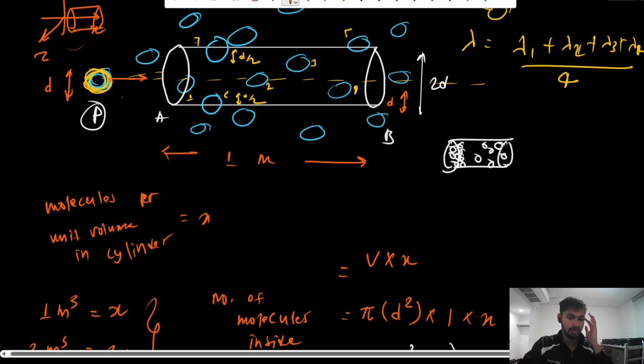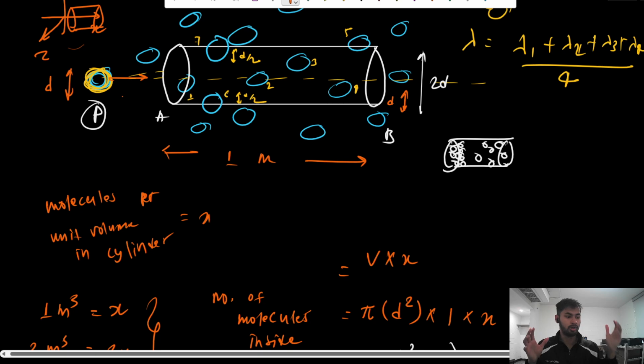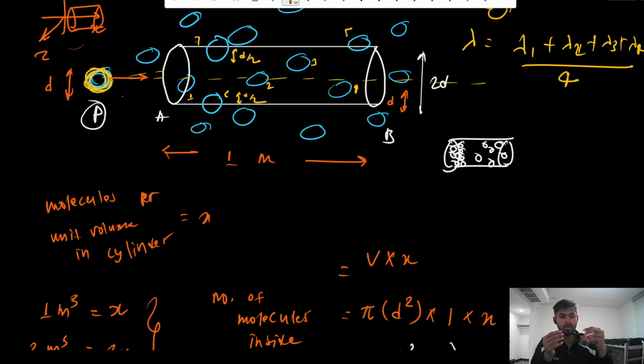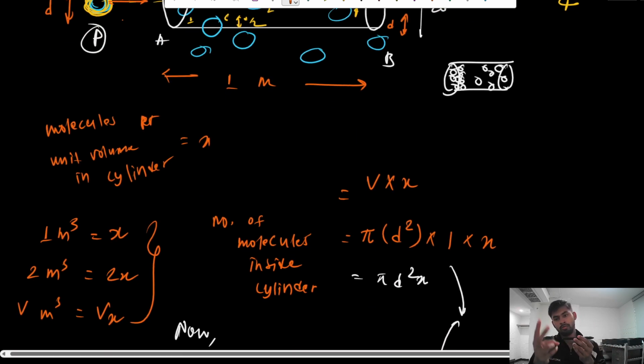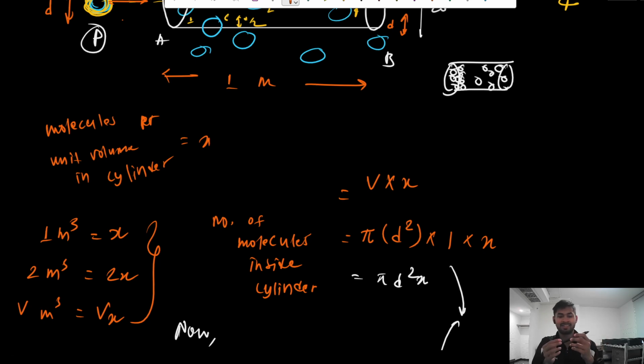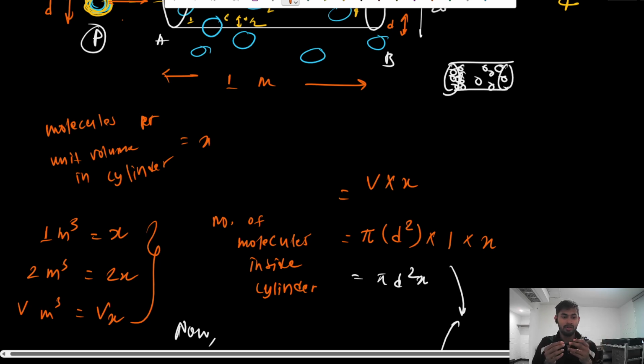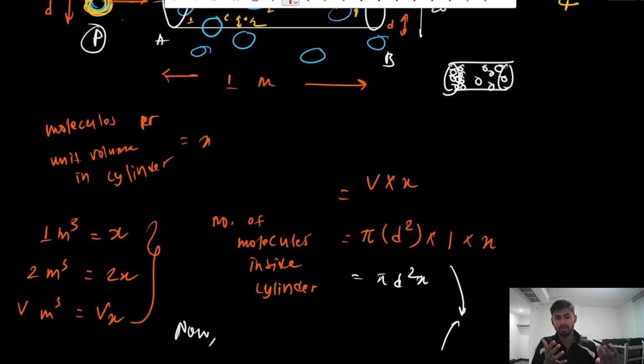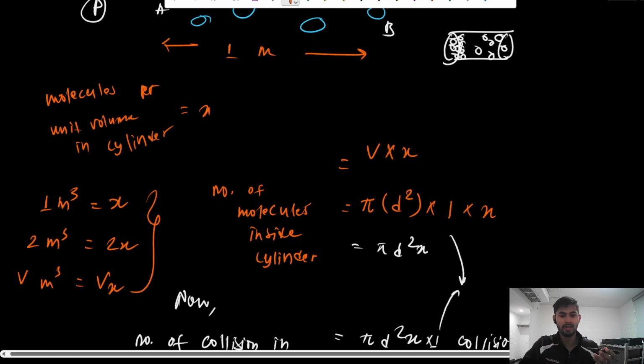Again, assumption, if the unit volume is, say, 1 meter cube, then the total number of molecules present in that place would be x. 2 meter cube, 2x; V meter cube, Vx. The number of molecules inside the cylinder would be the volume times molecules present in unit volume, which is Vx.